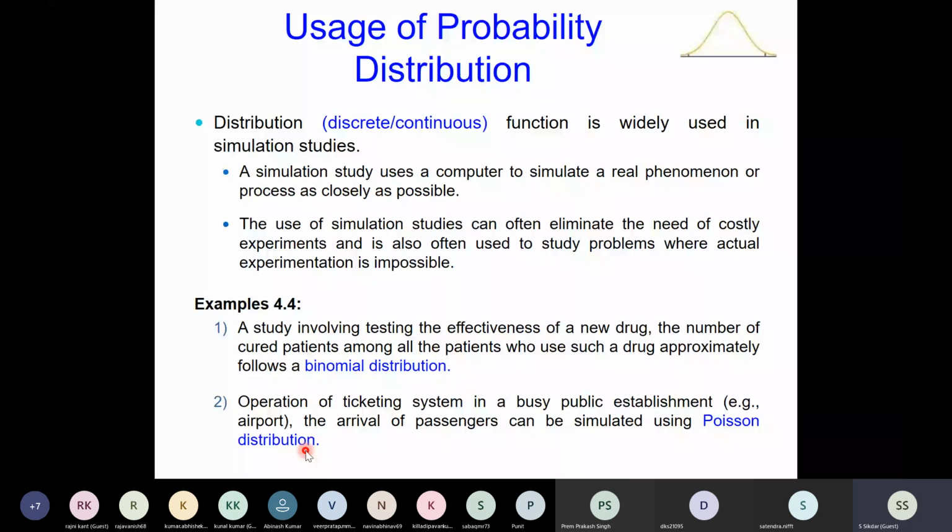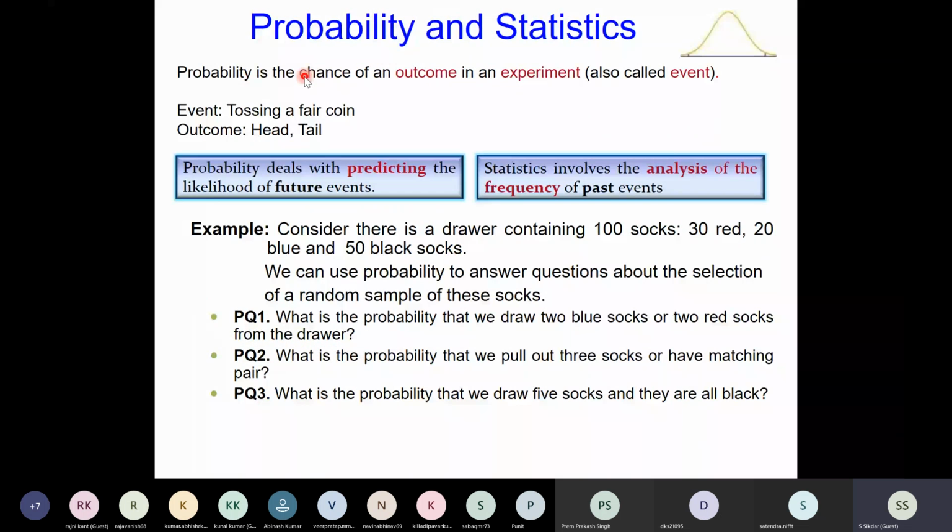Now, how are probability and statistics interlinked? Probability is the chance of an outcome in an experiment. All of you know this thing that it is called an event. Just as I said, tossing a fair coin, and the outcome can be head or tail. So how many times can the head come?